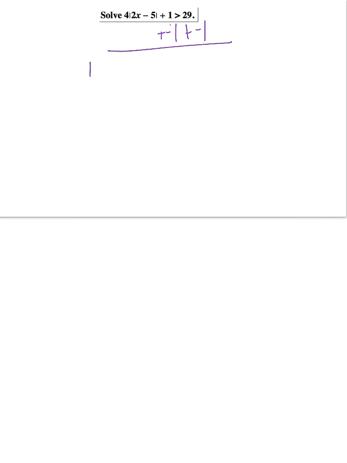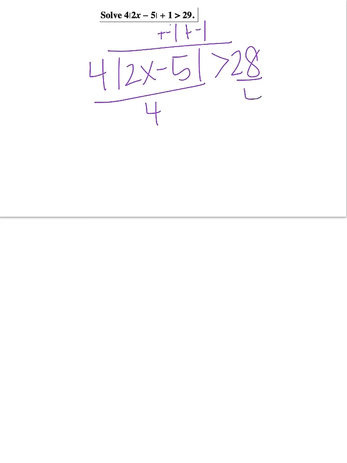So I'm going to rewrite this as 4 times the absolute value of 2x minus 5 is greater than 28. It's still not isolated. So now I have to divide by 4. So I get the absolute value of 2x minus 5 is greater than 7.